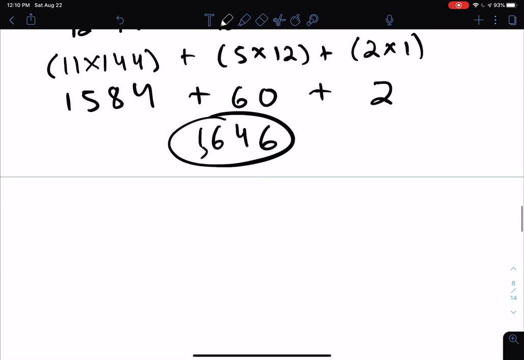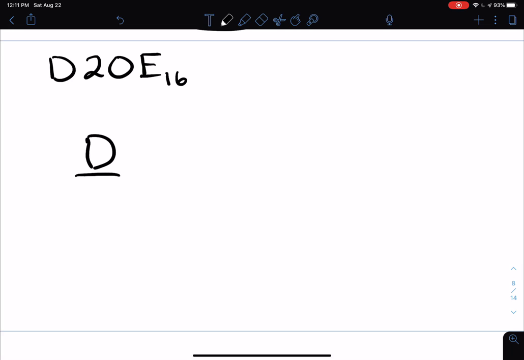All right, let's do one more of these before we go the other direction. Let's do a base 16. D20E, and we're in base 16. Spread them out here so I can organize everything.